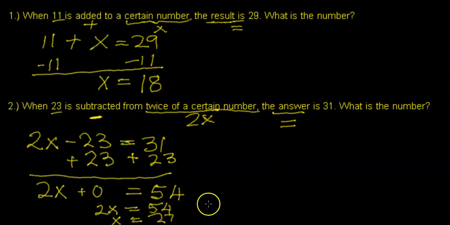All right. So this is basically how you go about trying to form an equation in order to solve for the missing number or quantity. All right. So we're going to go do 2 more examples and then go from there.